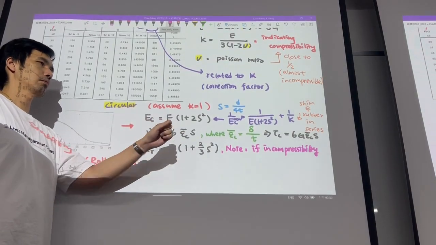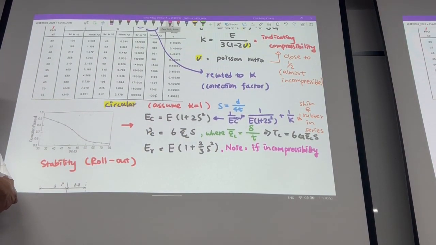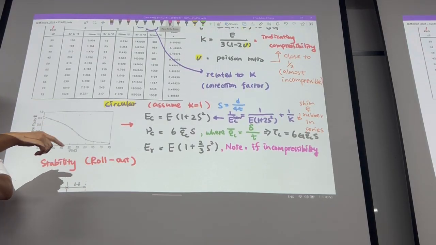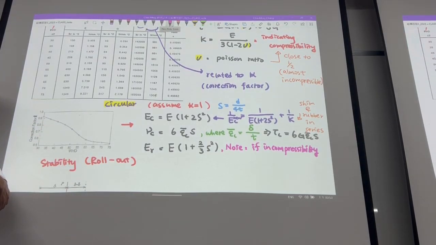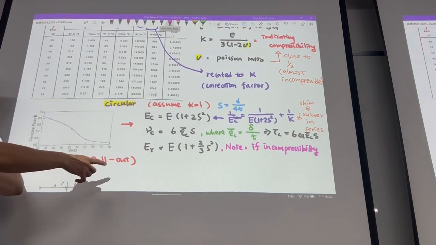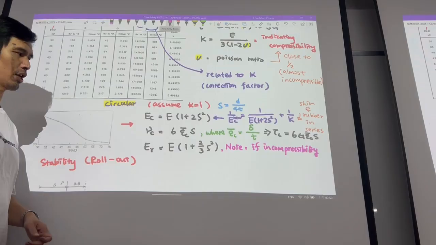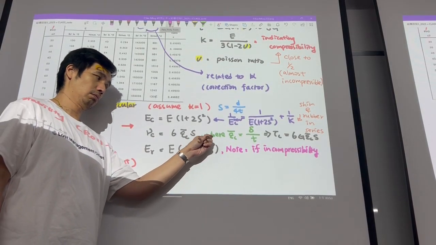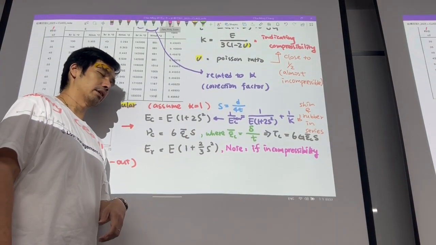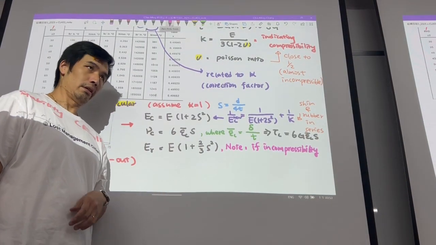Second, your actual deformation will also contribute to the shear direction. Okay. Third, your rotational modulus is also related to the shape factor, and these two numbers are different.